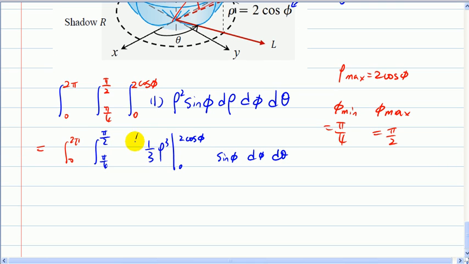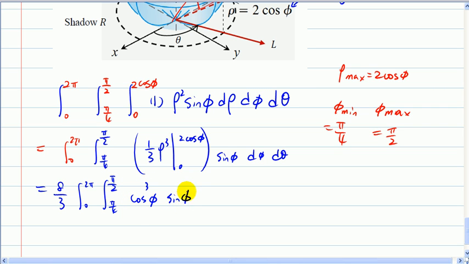Calculating that, you end up with 8 over 3, theta from 0 to 2 pi, phi from pi over 4 to pi over 2, of cosine cubed phi sine phi d phi d theta.